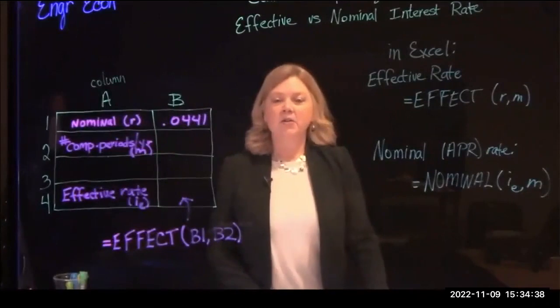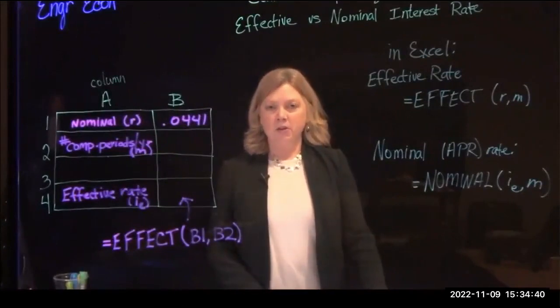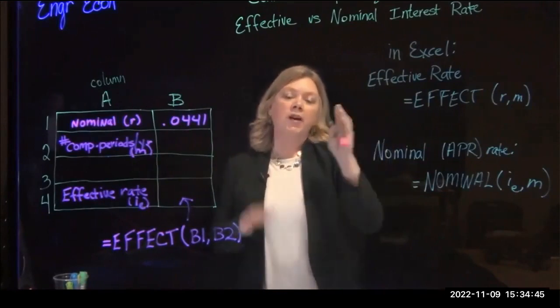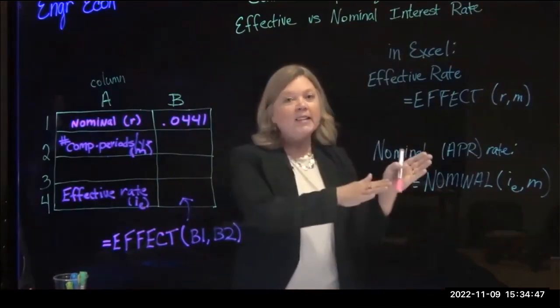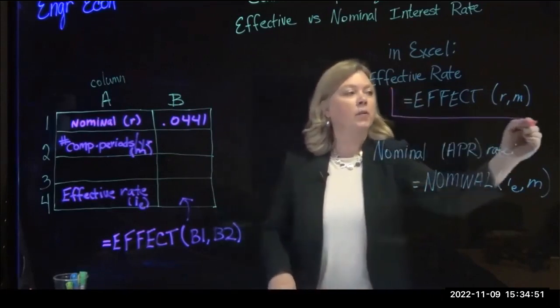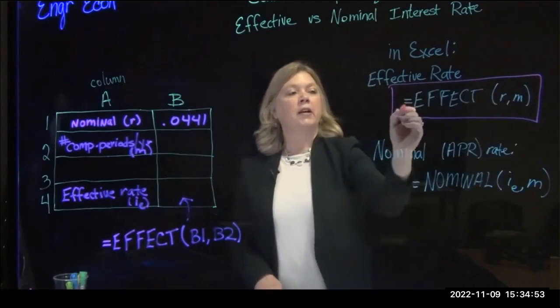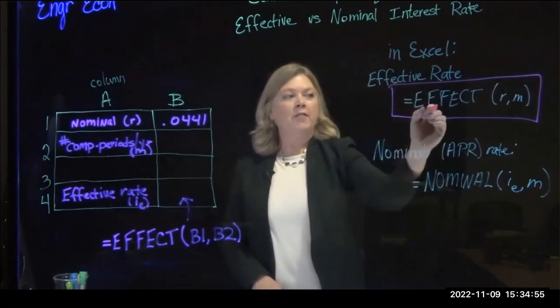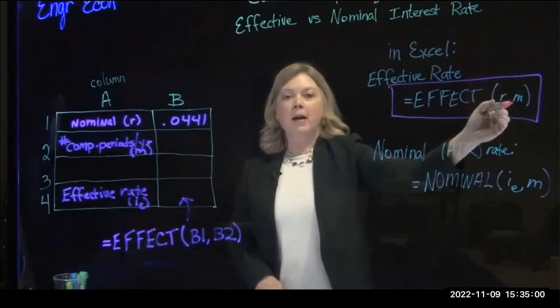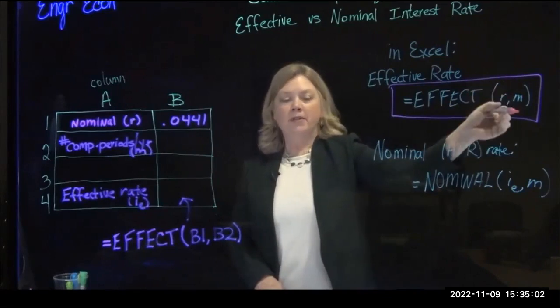All right, let's see how to do nominal and effective interest rate translation in Excel. If you have a nominal rate and you want to find an effective interest rate, you put into the cell where you want the answer the equal sign, EFFECT, parentheses, R, comma, M, parentheses.